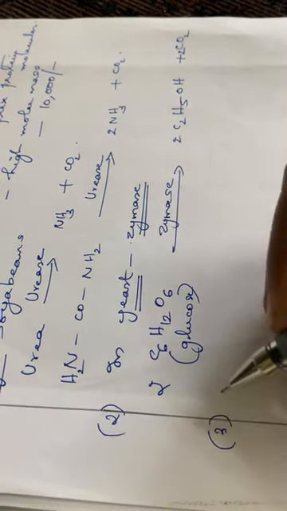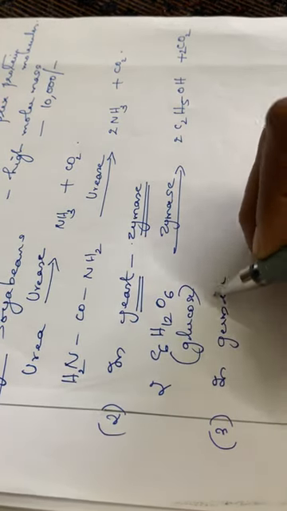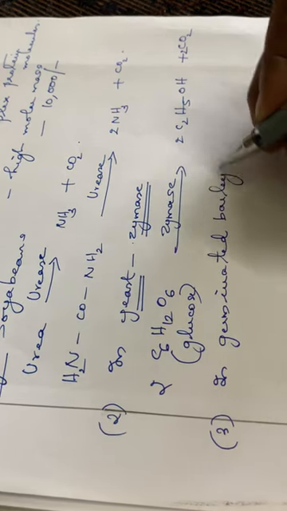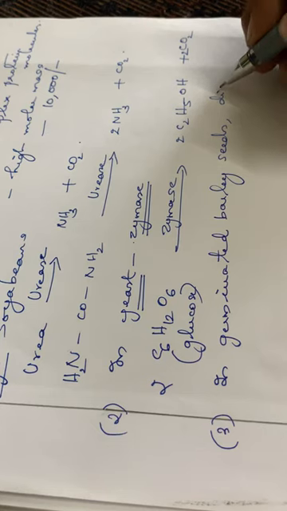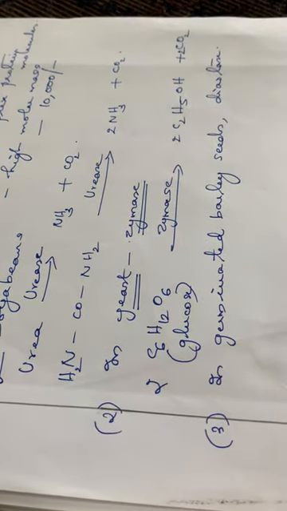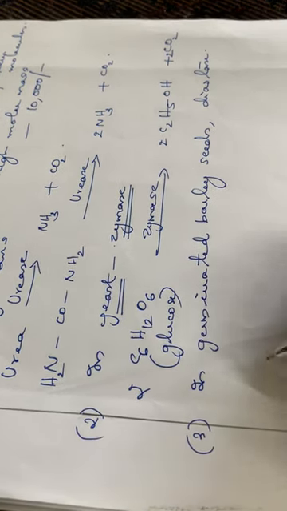So this is the action of the enzyme present in yeast. Then the third one: in germinated barley seeds, the enzyme diastase is present. This diastase will convert starch to maltose.